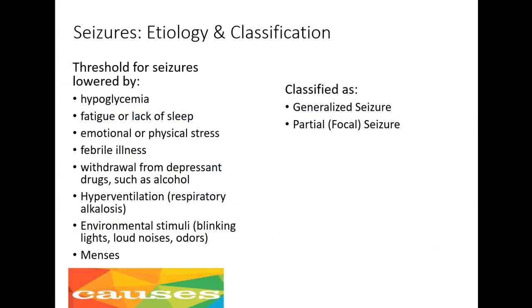Okay, threshold for seizures can be lowered by, you should know this list: hypoglycemia, lack of sleep, emotional or physical stress, a febrile illness. Now, febrile illness is pretty much related to children, and I would say children under the age of 10.